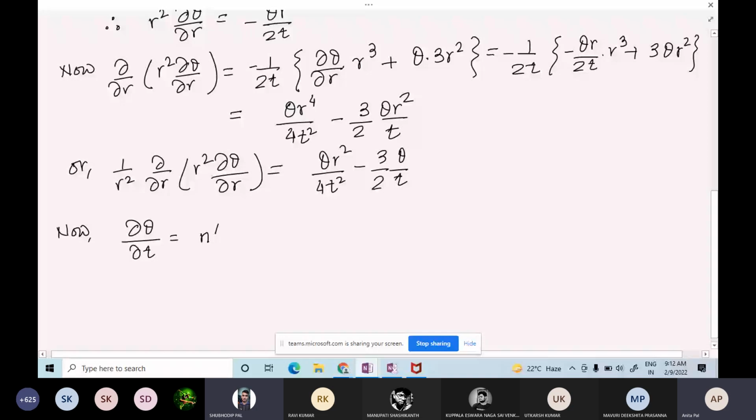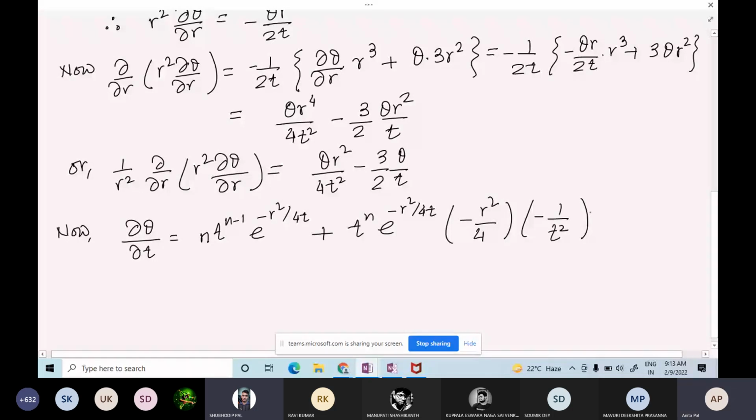n t to the power n minus 1 e to the power minus r square by 4t, plus t to the power n e to the power minus r square by 4t into minus r square by 4 into minus 1 by t square.